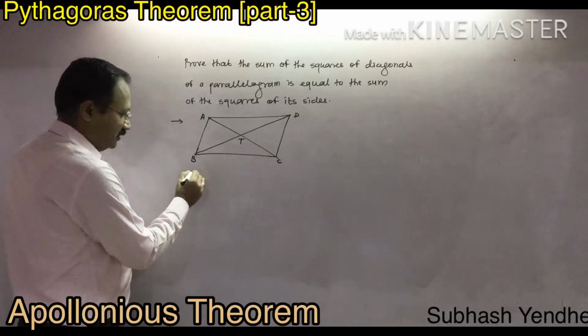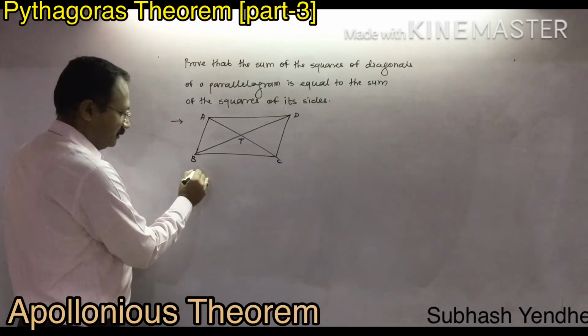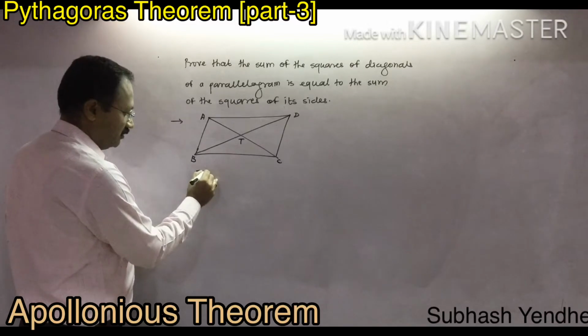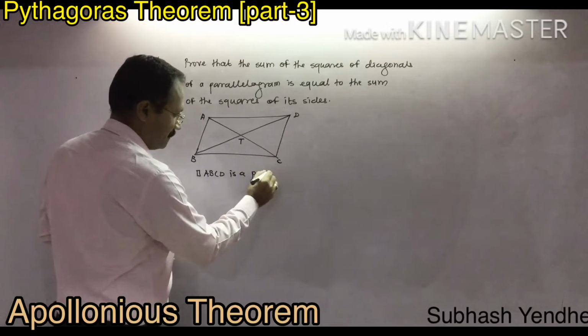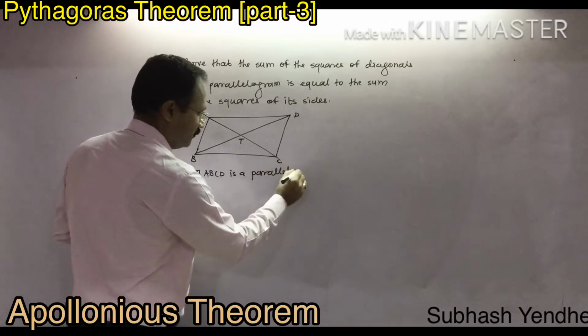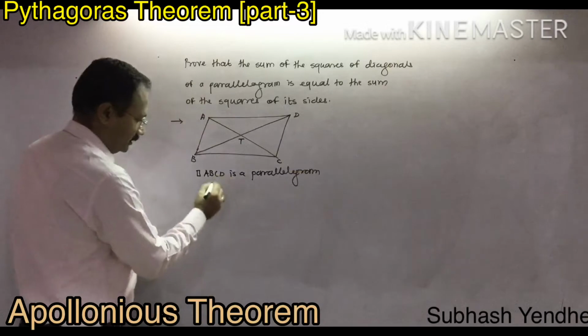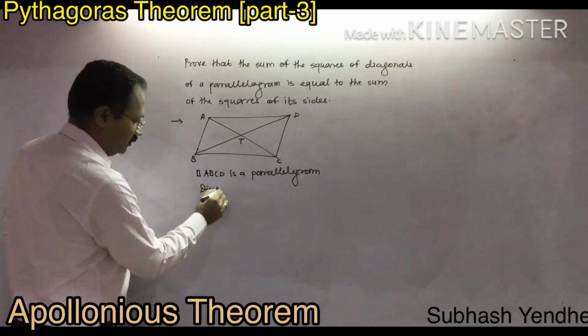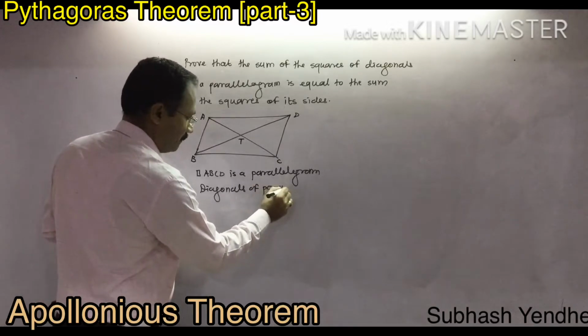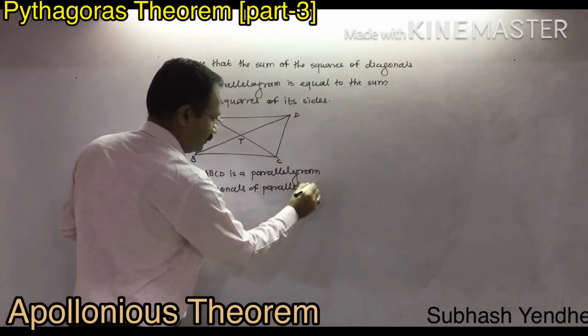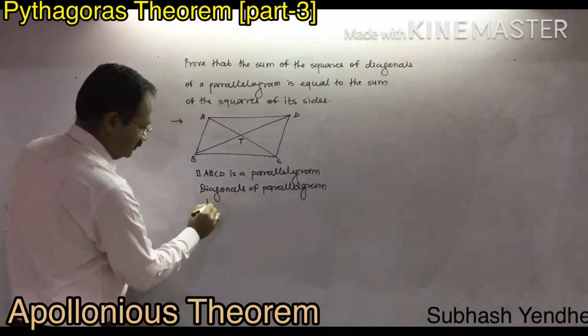First, I told you that if a parallelogram comes, then you have to write it. Quadrilateral ABCD is a parallelogram. Then the diagonals of a parallelogram bisect each other.